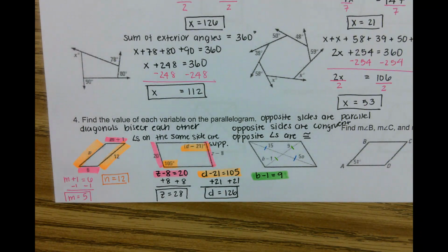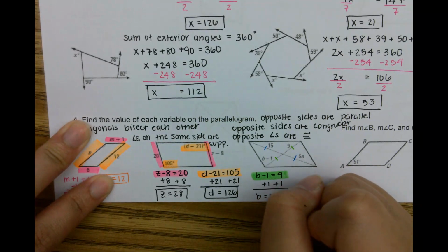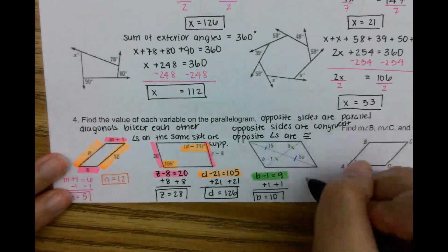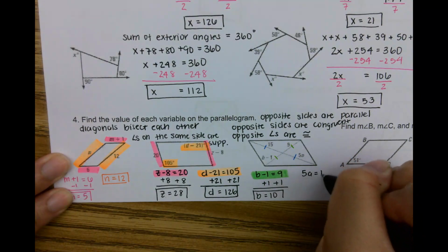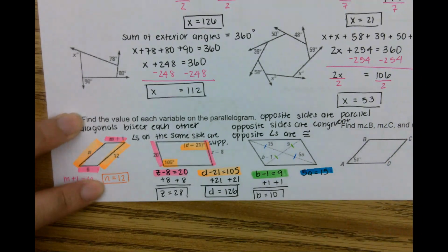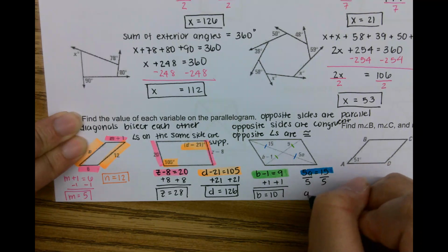Add 1 to both sides, b equals 10. Same thing here then. Diagonals bisect each other, so 5a equals 15. Since this is 5 times a, get rid of it by dividing by 5, so a equals 3.